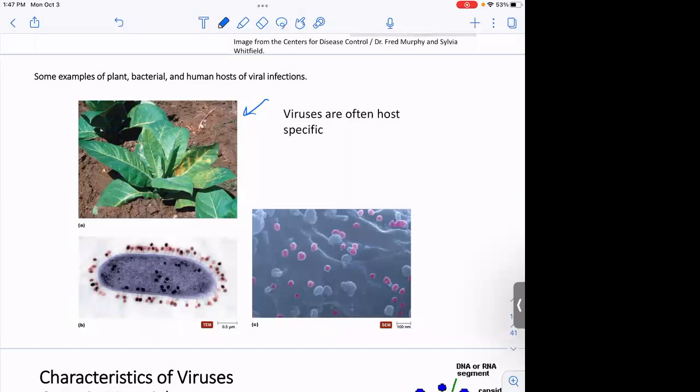Only certain species can get that. Here's some bacteriophage. That bacteria cell is in trouble. There's viruses all around the outside of that. And here we've got in the pink, that's human immunodeficiency virus, HIV, clamping onto a white blood cell there.